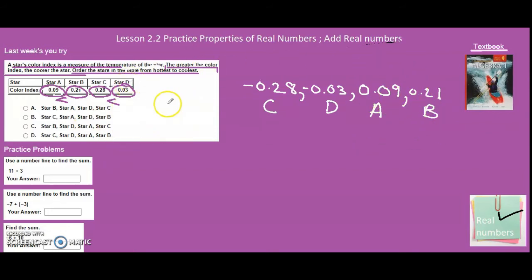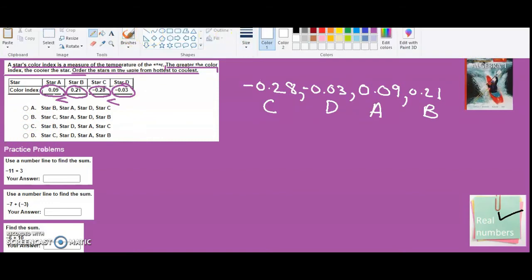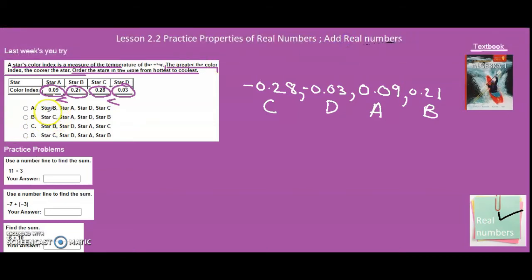Let me circle the answer here in green. So C first, D, A, and B.